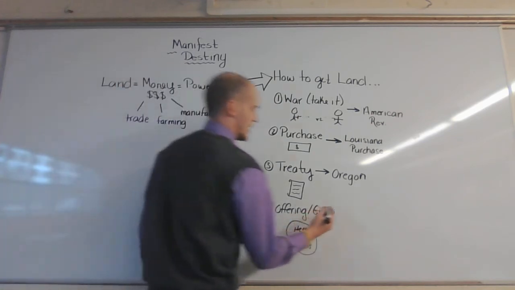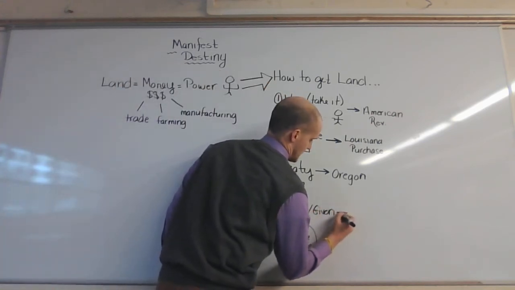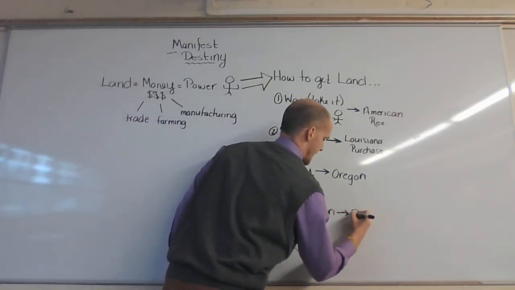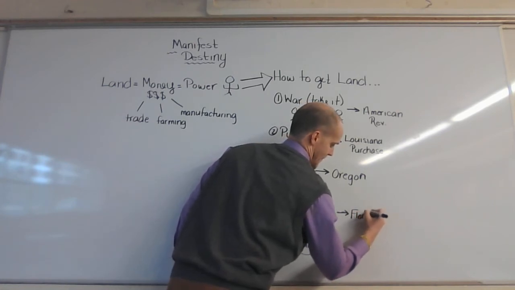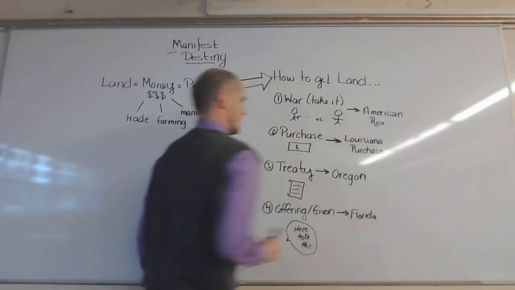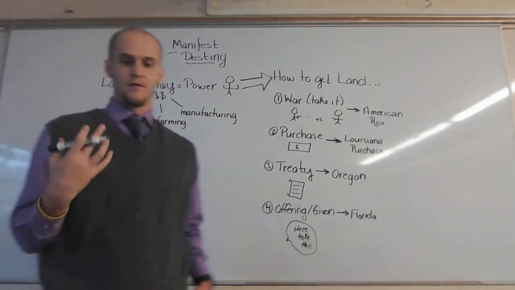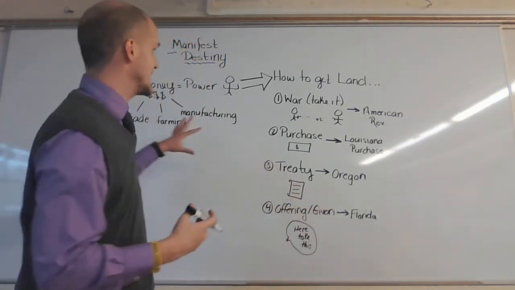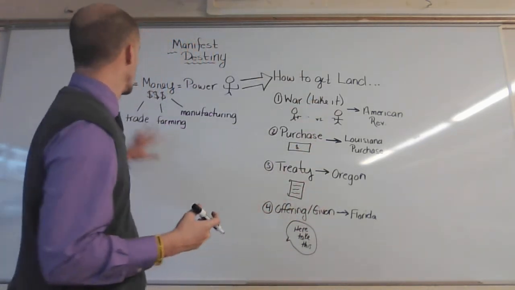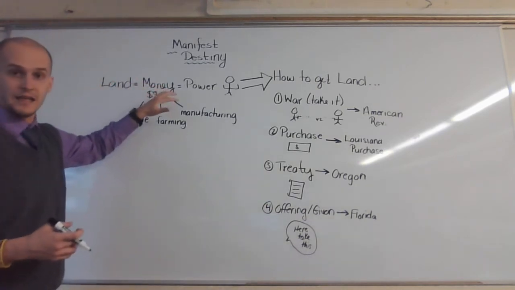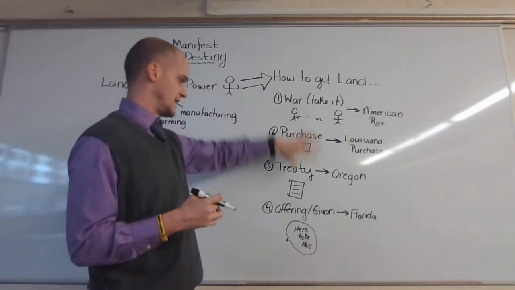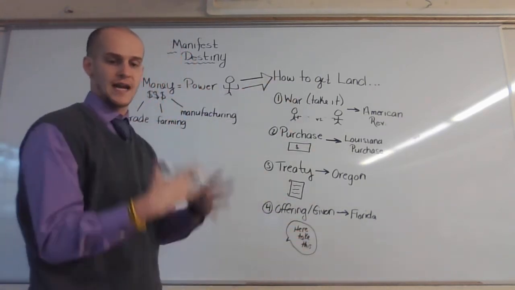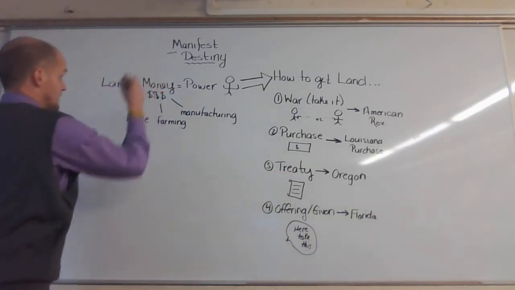This is an example of how we got Florida from Spain. That's how we got Florida. Now, this idea of land equaling money, equaling power, and finding the different ways to take it, is all tied into this idea of manifest destiny.